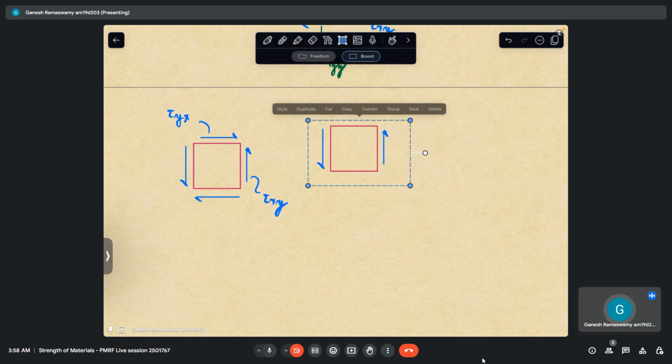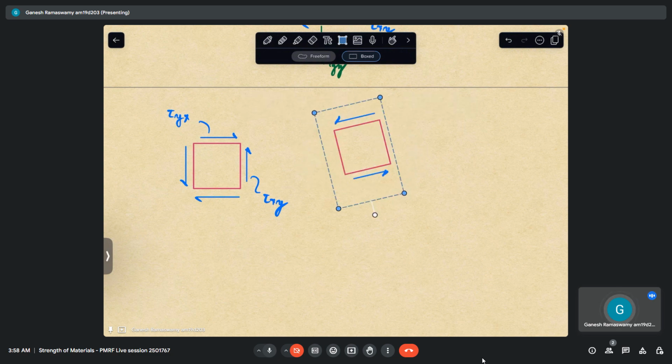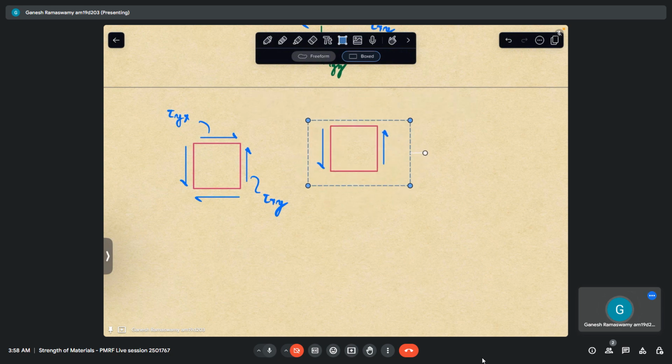But since this is in equilibrium, there has to be an equal and opposite couple generated like that, which is why on the y face we will have stress generated like that, so that it counteracts this. So if this is tau xy, this is tau yx.